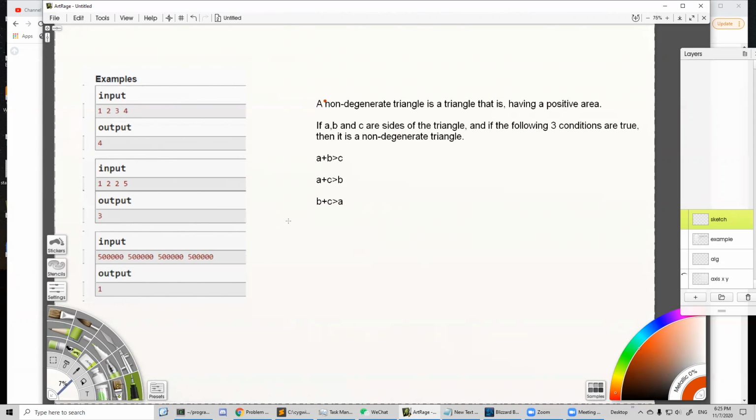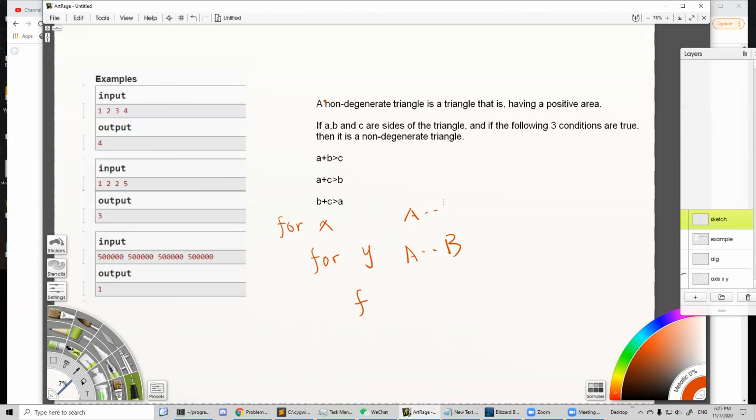The most naive solution is to iterate through all of the possibilities of the first edge. We call it x, right? We iterate from 1 to A, and iterate all of the possibilities of the second side from A to B. And for the last side, actually, sorry about that. This one should be A to B, right?